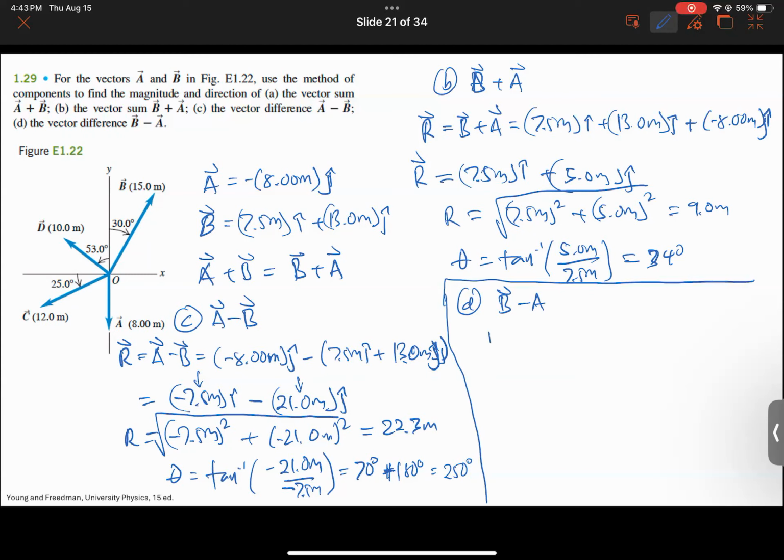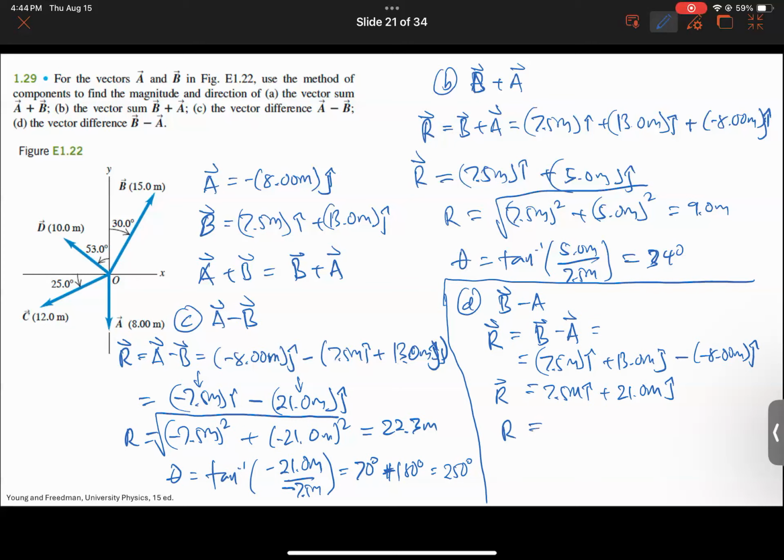Okay, so R is equal to B minus A. Okay, this gives us 7.5 meters i hat plus 13 meters j hat minus negative 8.0 meters j hat. So yung resultant vector ngayon is 7.5 meters i hat plus 21 meters j hat.